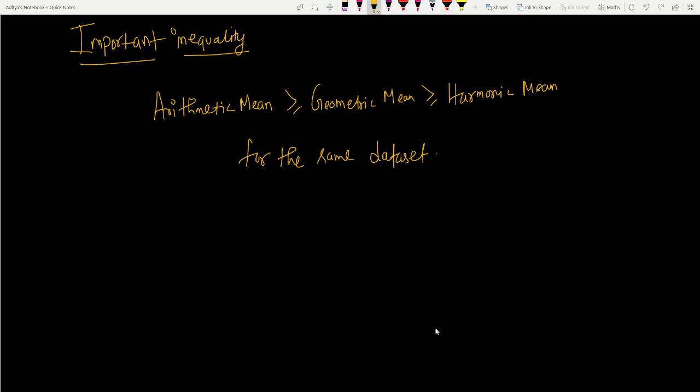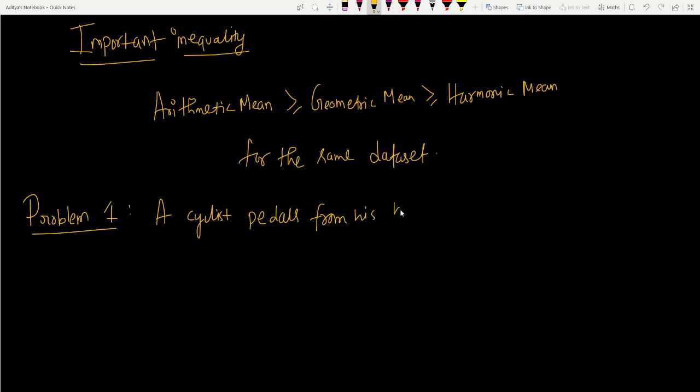Now, let us come to a few problems here, which we shall discuss. Problem 1. A cyclist pedals from his house to his friend's at 10 km per hour.